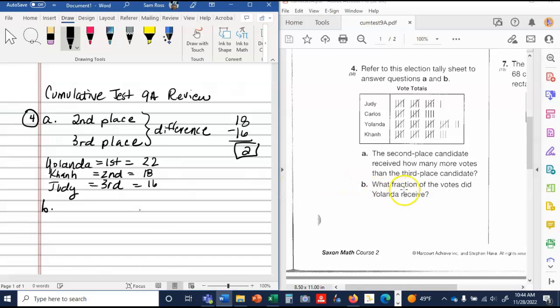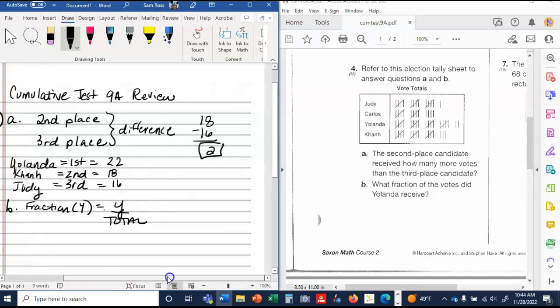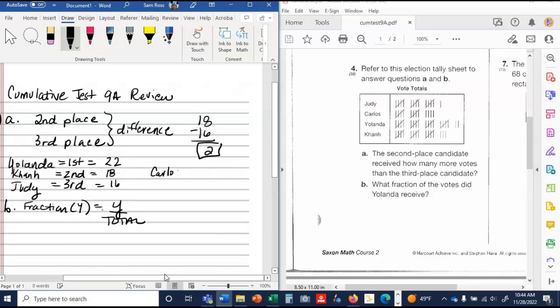And that is your answer for A. B says, what fraction of the votes did Yolanda receive? To find out the fraction of the votes Yolanda received, it is going to be all of Yolanda's votes over the total. I have 3 of the 4 here. Let's see, how many did Carlos get? Carlos got 5, 10, 14.